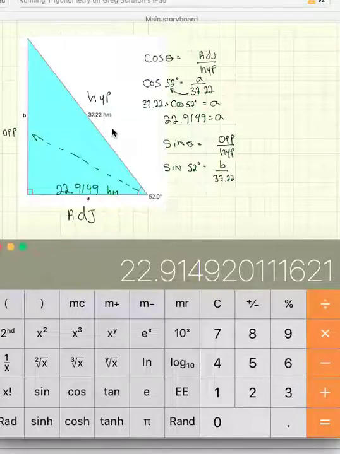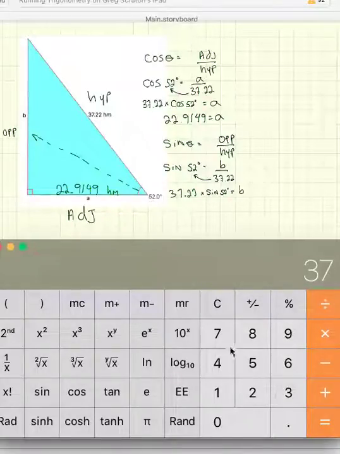All right, and to get the B alone, I'm just going to cross multiply. So we get 37.22. And remember, cross multiplying is the same as just multiplying both sides by 37.22. It would just totally cancel on the right-hand side. So 37.22 times the sine of 52 degrees is equal to B. All right, handy-dandy calculator time.